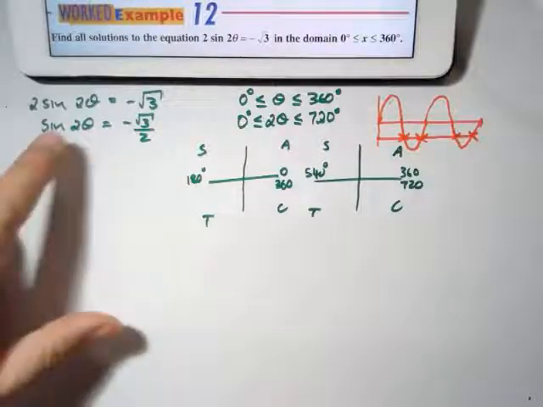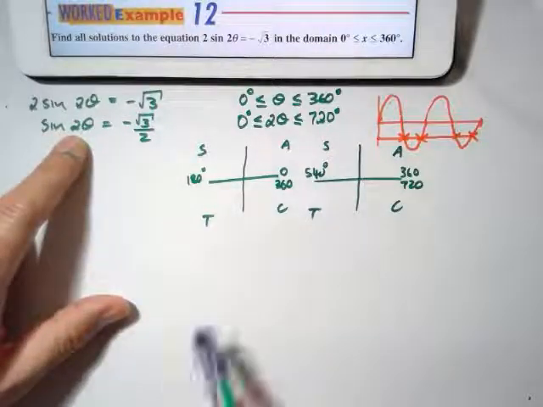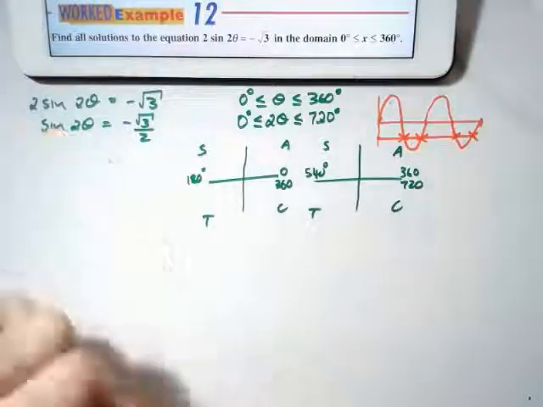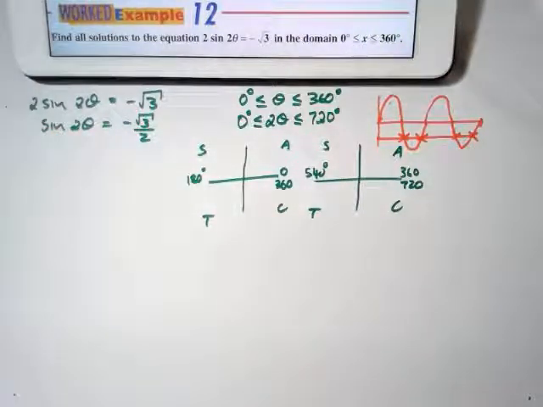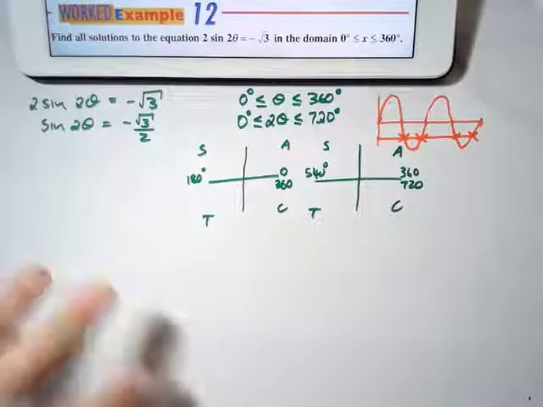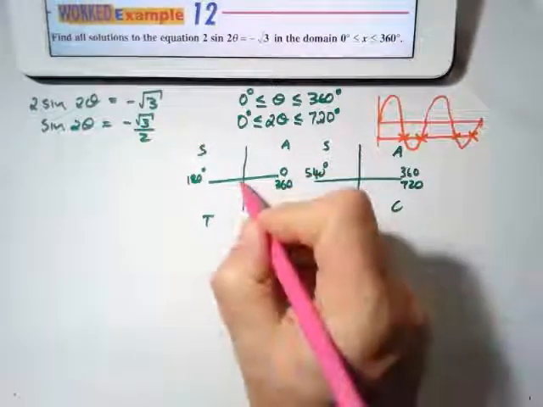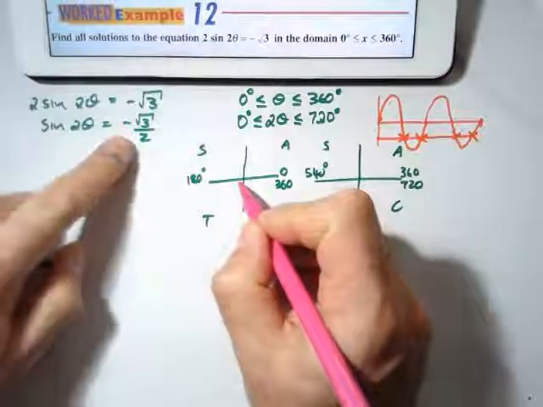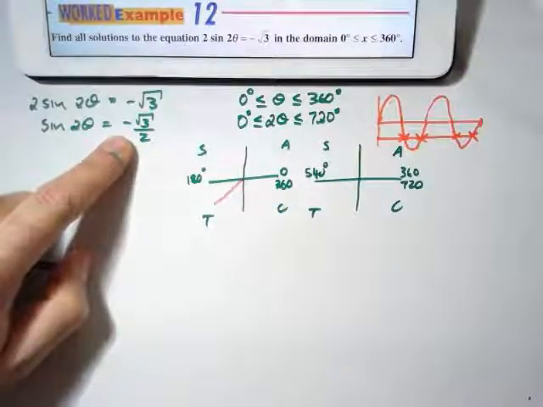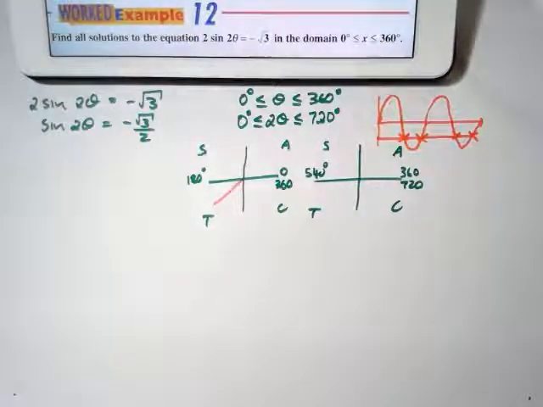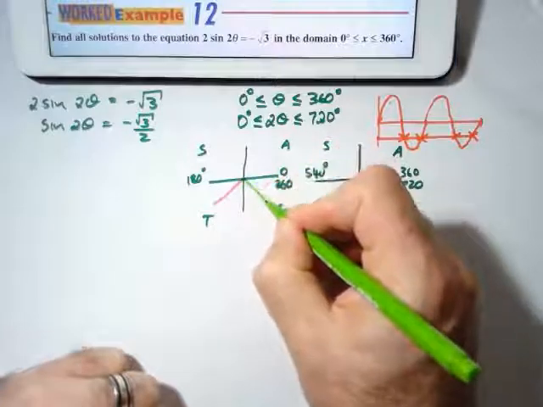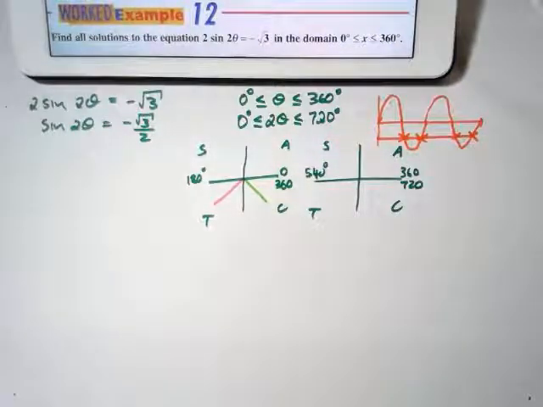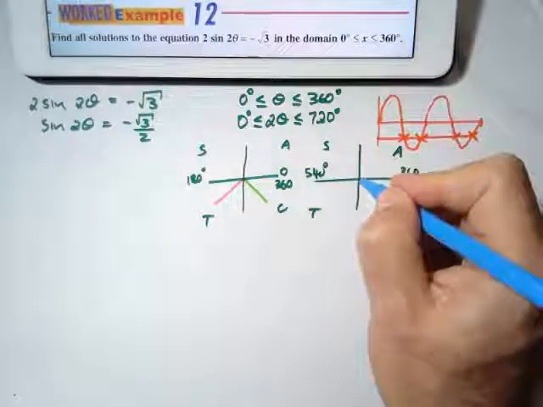Now I say the sine of this angle, 2 theta, is negative. So where's sine negative? I'm going to use different colors so when I calculate it, you know what I'm talking about. Sine is negative there. Sine is negative there. Sine is negative there.